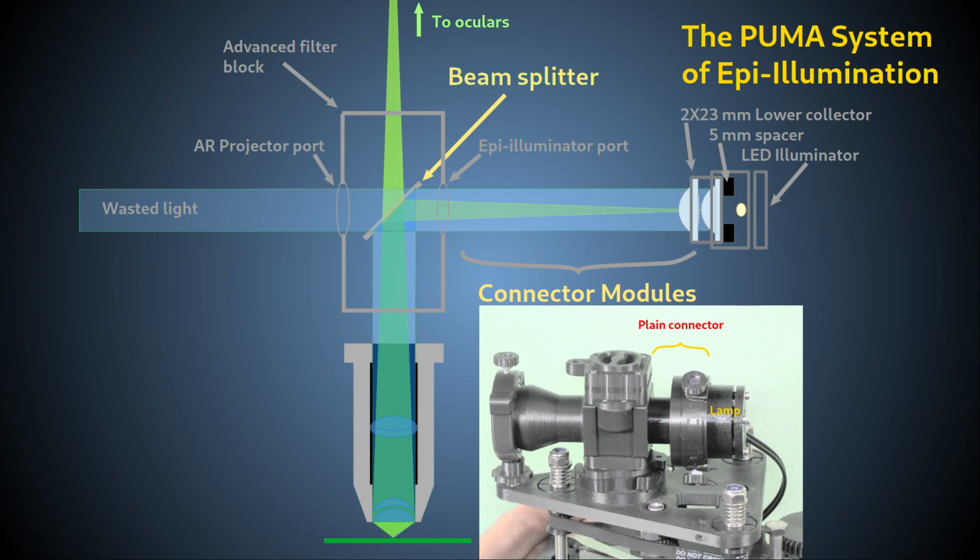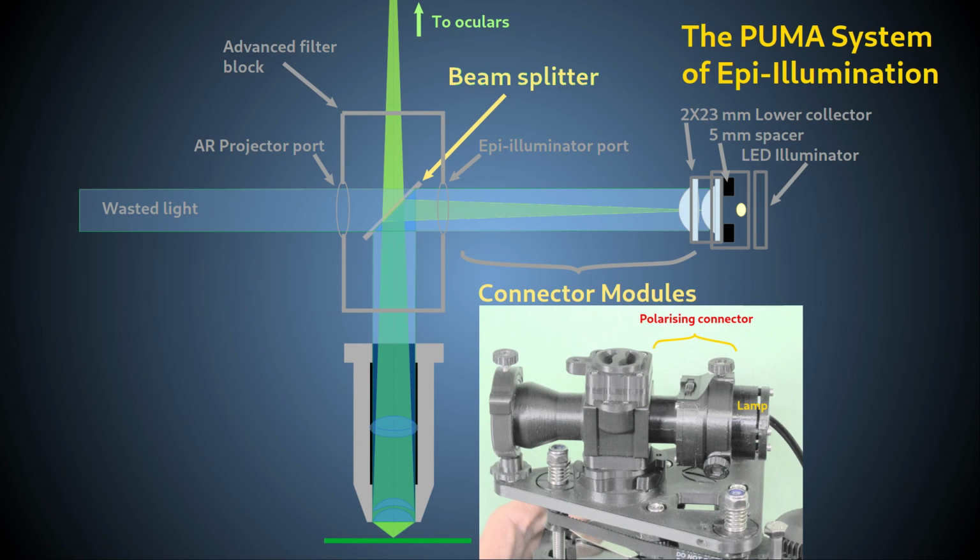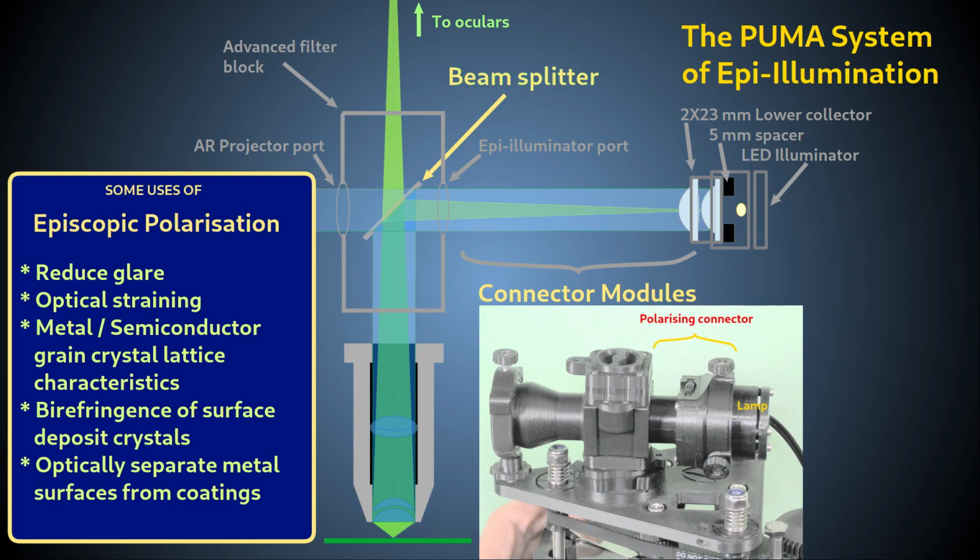The alternative connector module is the polarizing connector, which includes a rotatable polarizing filter to allow epipolarization microscopy. This is especially useful not just to analyze birefringence, but also to reduce unwanted reflections and improve contrast in reflected light microscopy, such as metallurgical analysis.